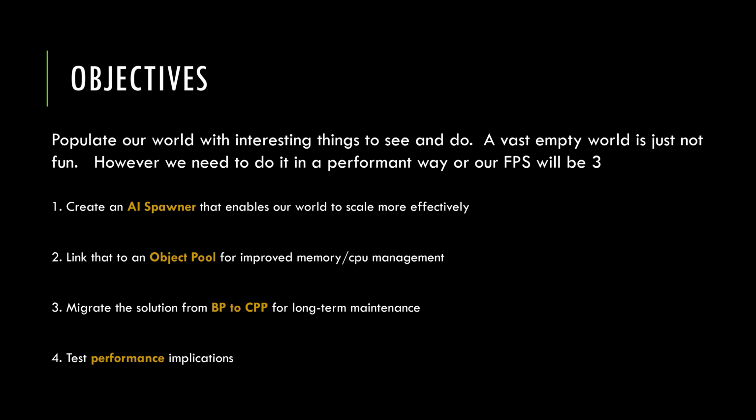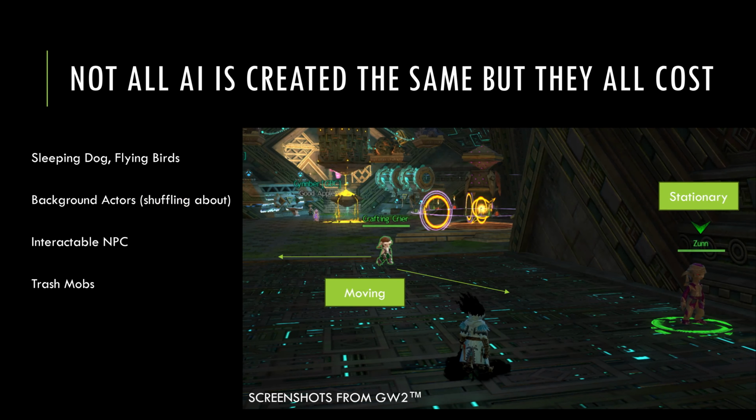So what I thought I'd do first is I'm using Guild Wars as an example because it's a game I'm fairly familiar with and it has a lot of good examples. So the first concept to make sure we think about is that not all AI is created the same, but no matter how low or how simple the AI might be in game, it's going to cost resources.